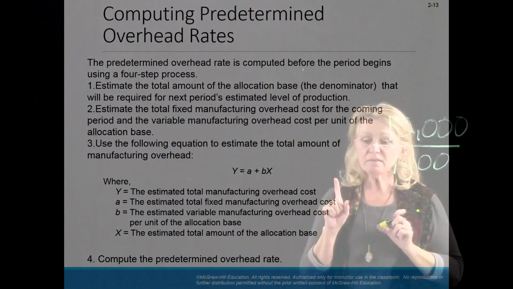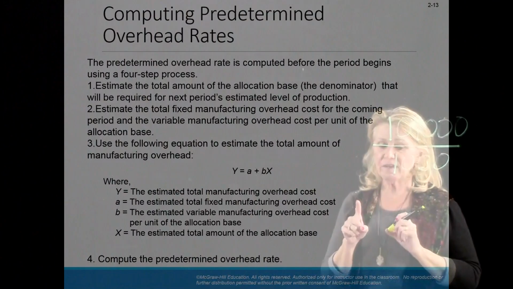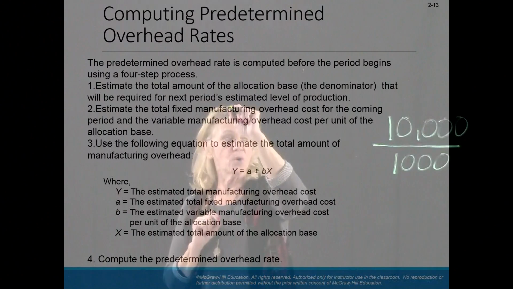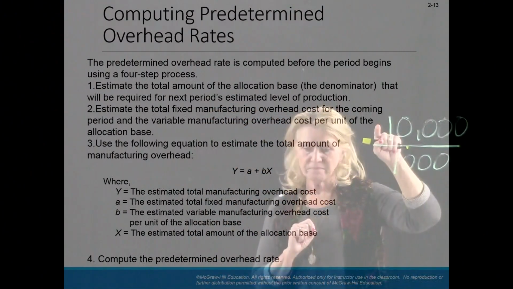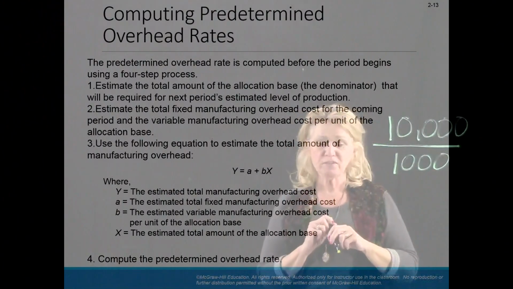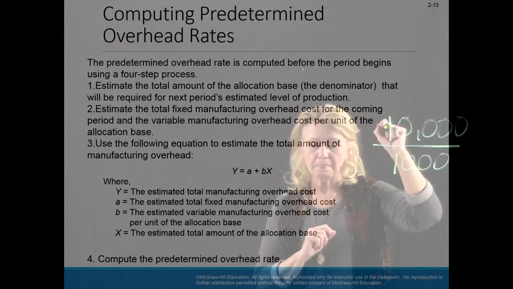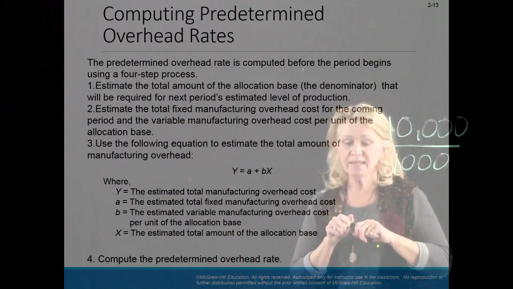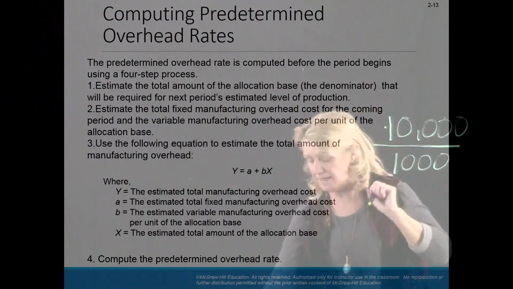Using the following equation, Y is the estimated total amount of manufacturing overhead, that was 10,000, equals A, the estimated total fixed manufacturing overhead costs, plus B, the estimated variable manufacturing overhead cost per unit of the allocation base, which is going to be $10, times X, the estimated total amount of the allocation base.